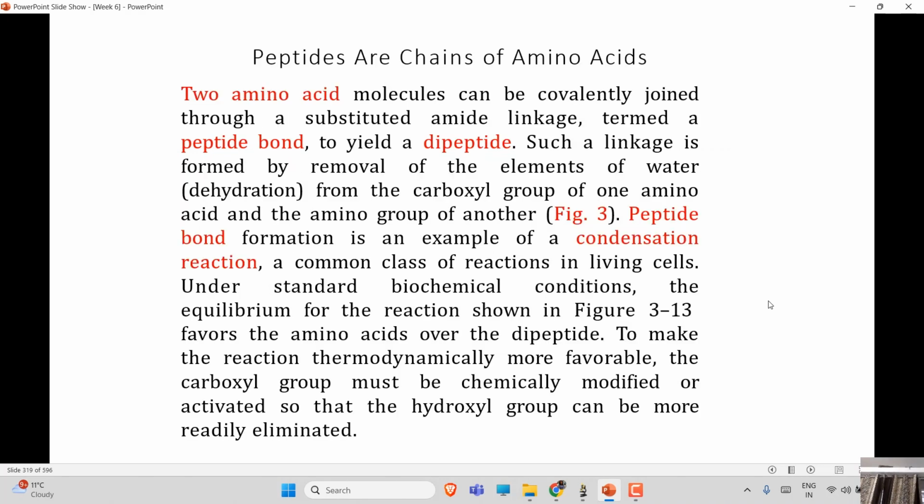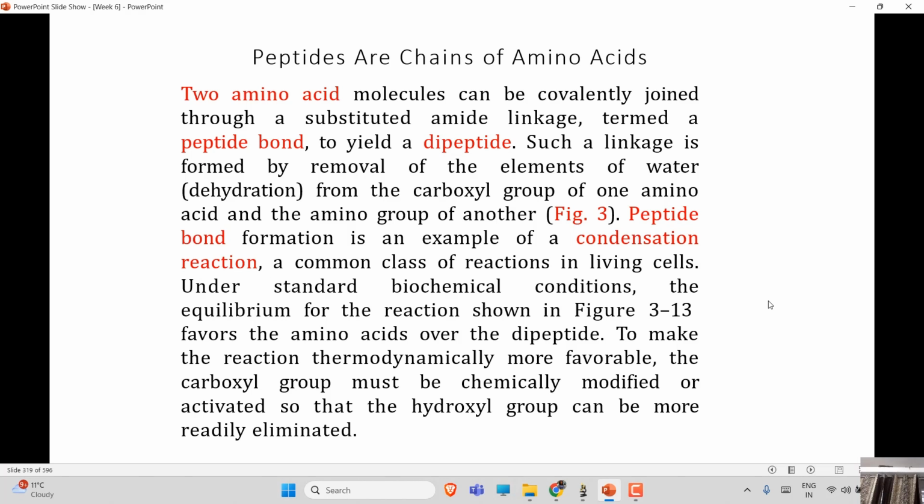Now, peptides are basically nothing but chains of amino acids. Two amino acid molecules can be covalently joined through a substituted amide linkage, termed a peptide bond, to yield a dipeptide. Such a linkage is formed by removal of the elements of water, dehydration, from the carboxyl group of one amino acid and the amino group of another.